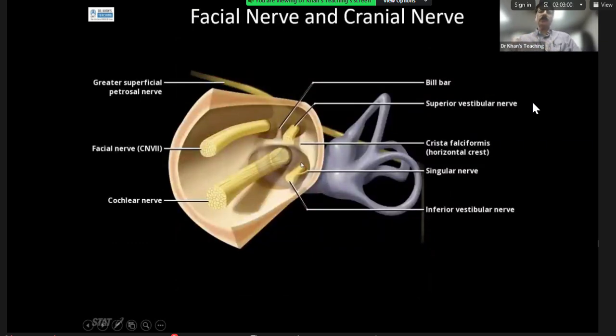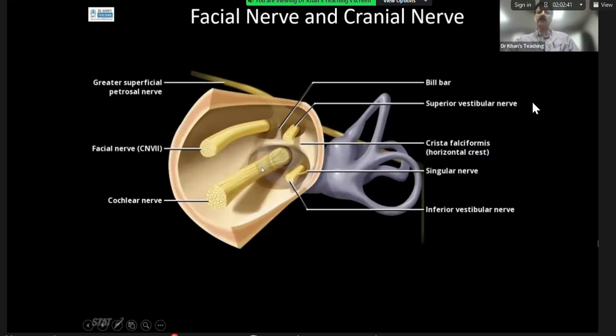Now, this is a potential exam scenario, because we can see it on an MR, on a sagittal sequence of MR. Within the lateralmost part of the internal auditory canal, actually there are 4 nerves.